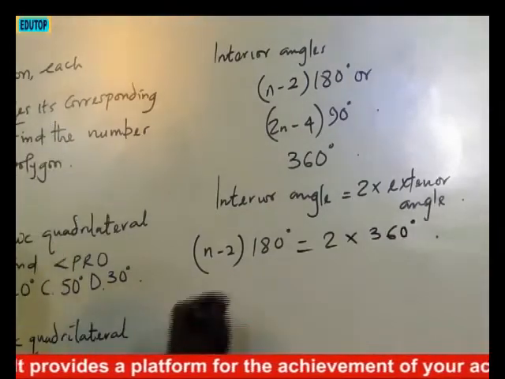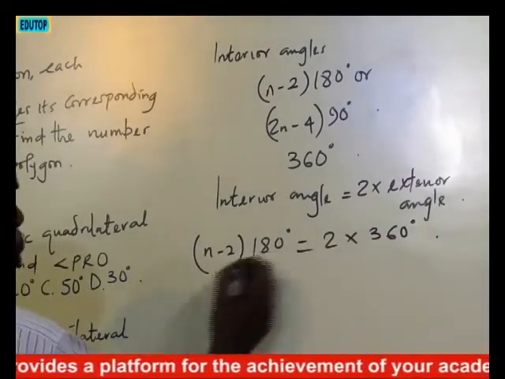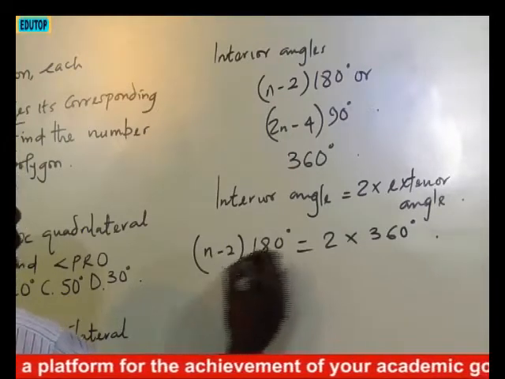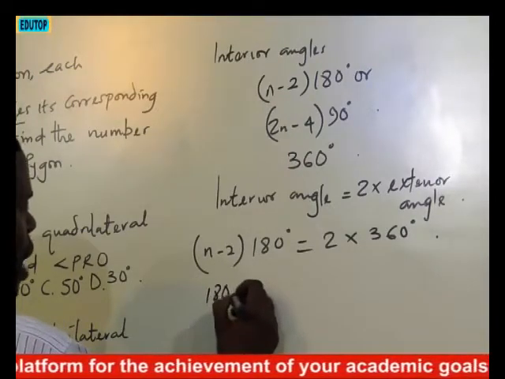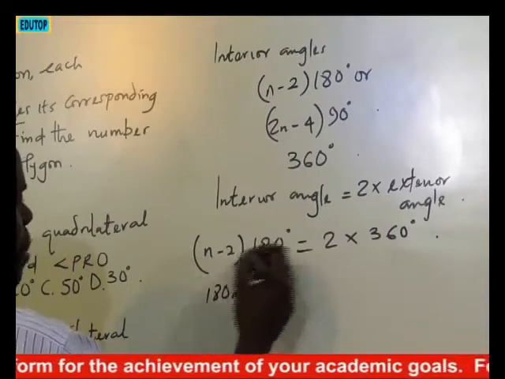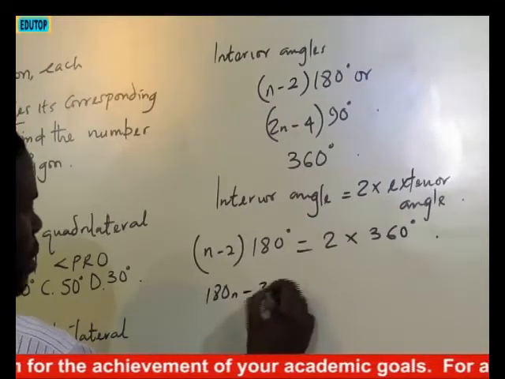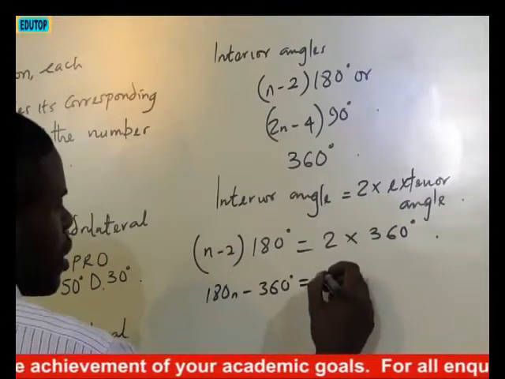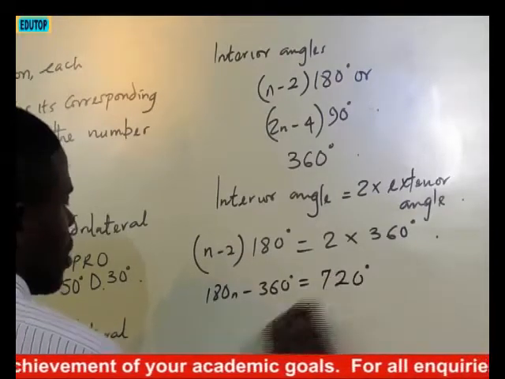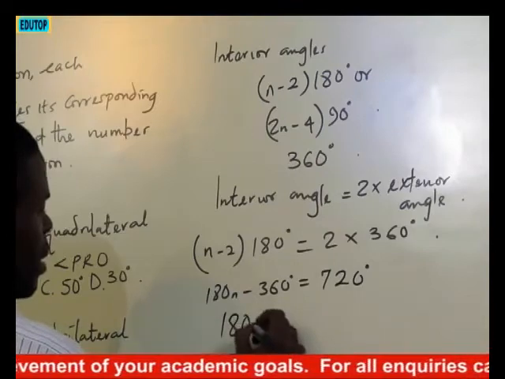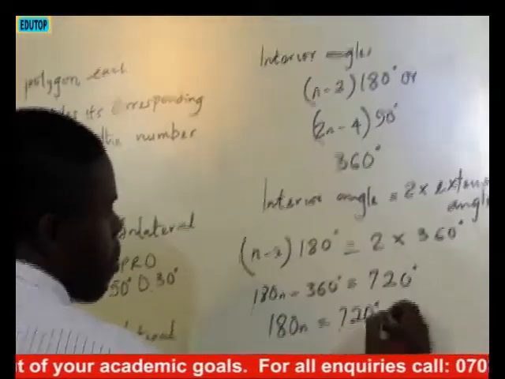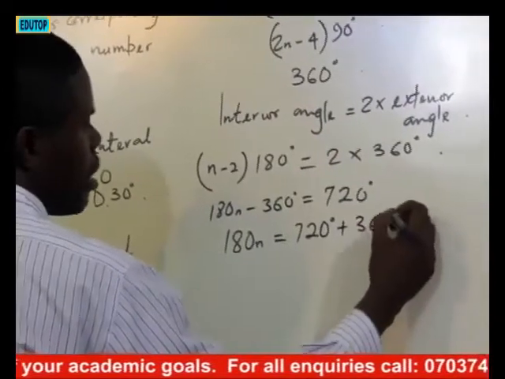So what we need to do here is, let's open this: n times 180, 180n, minus 2 times 180, that is minus 360 degrees, equals this times this, that will definitely give us 720 degrees. Then we'll have 180n equals, collecting like terms, 720 degrees plus 360 degrees.